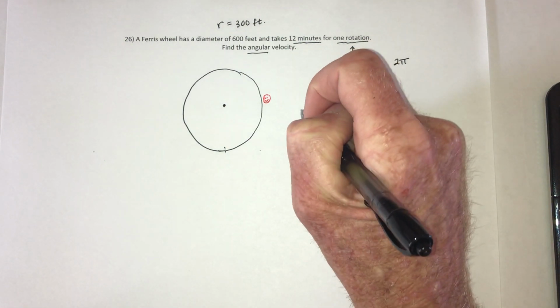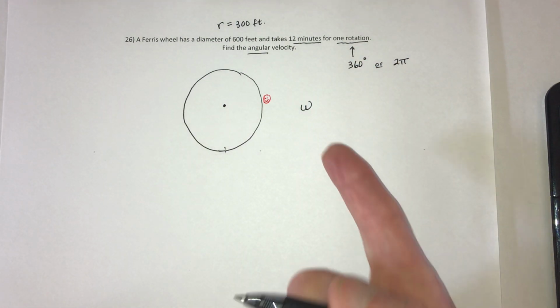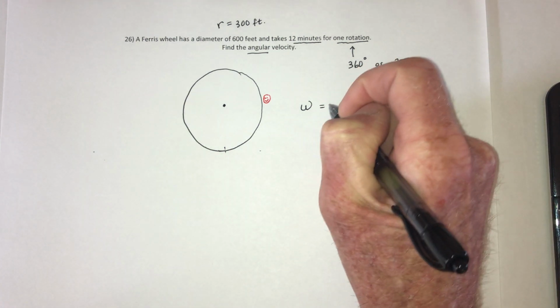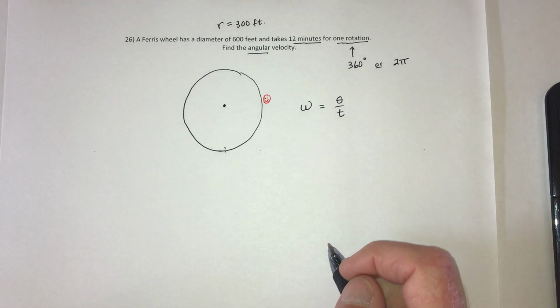So angular velocity, omega, which looks like a curly W, that one just looks like a W to me. But anyway, it's just theta over the time. That's it.